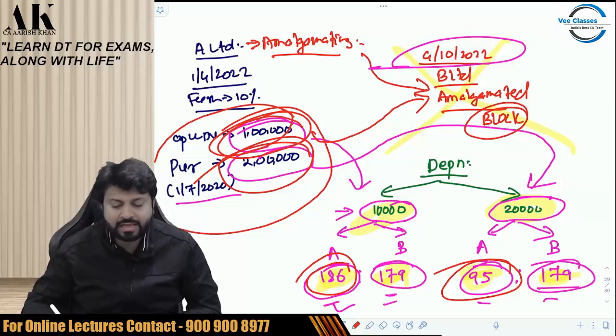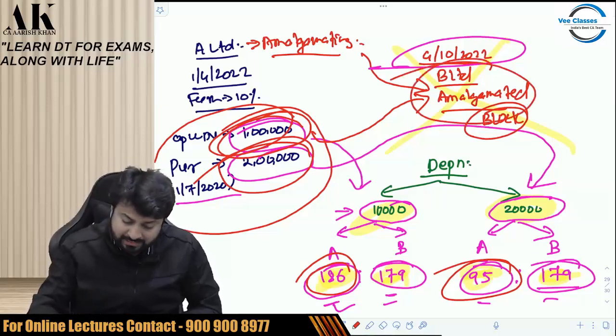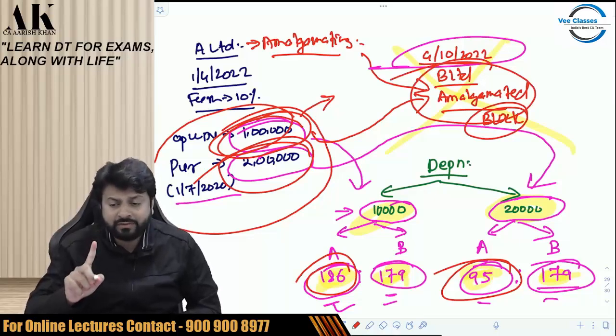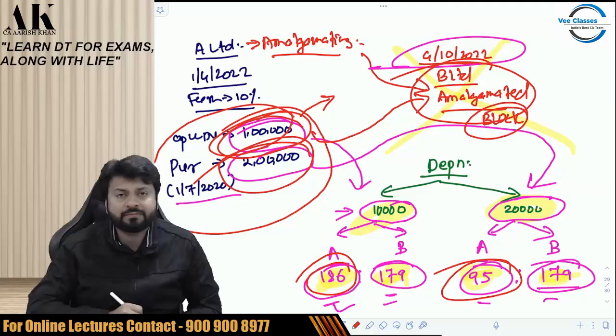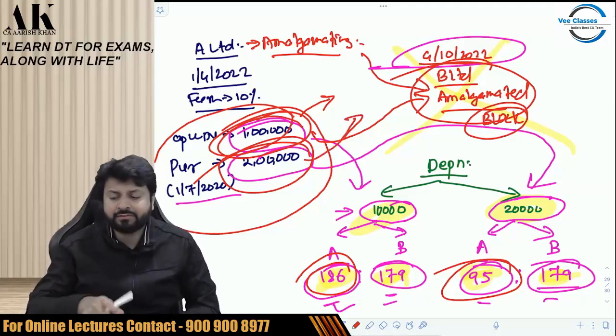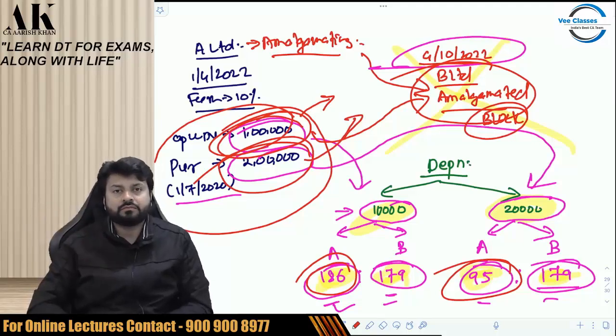The government says that B Limited will record the asset at the value at which it was there in the hands of A Limited. That is, B Limited will record the assets at 1 lakh and 2 lakh itself. Will this lead to dual benefits?